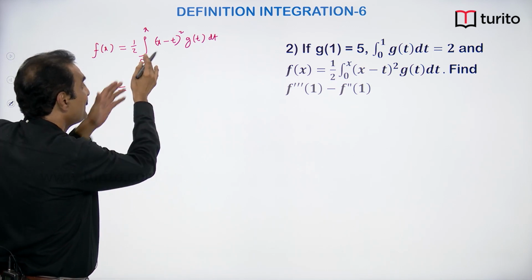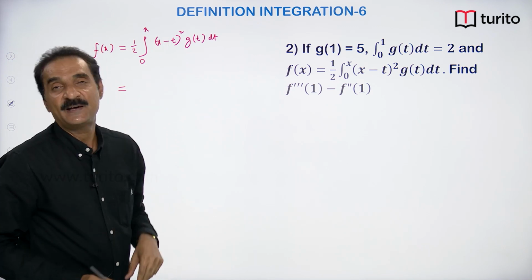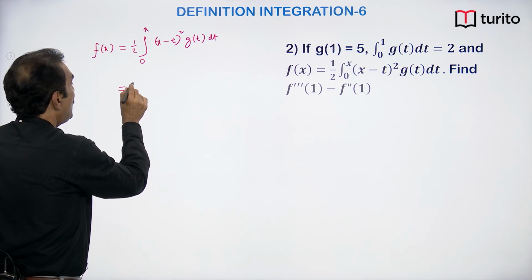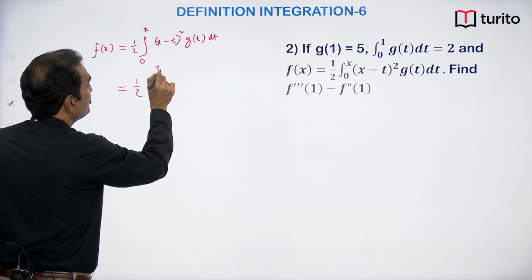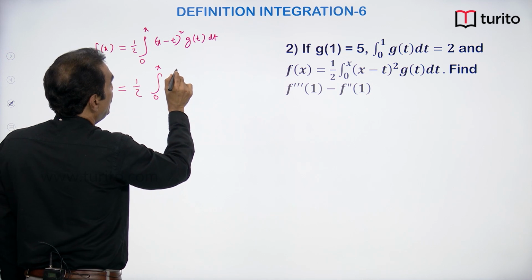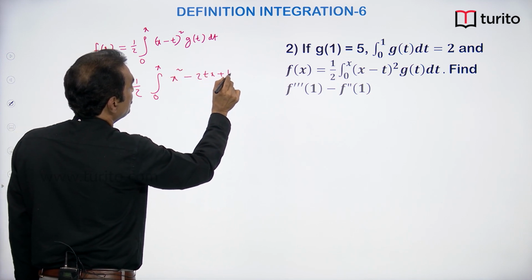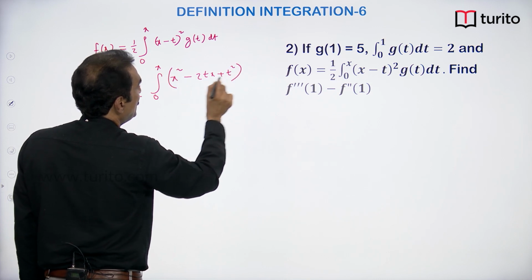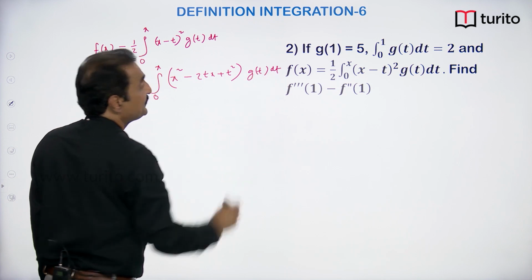First, we will separate x and t. How? Expand x minus t whole square, half into integral 0 to x, x square minus 2tx plus t square into g of t. Okay.